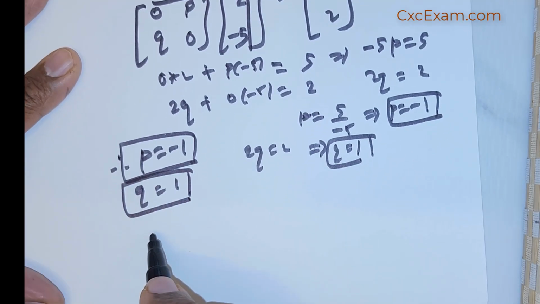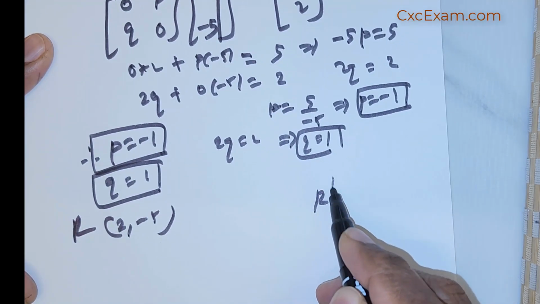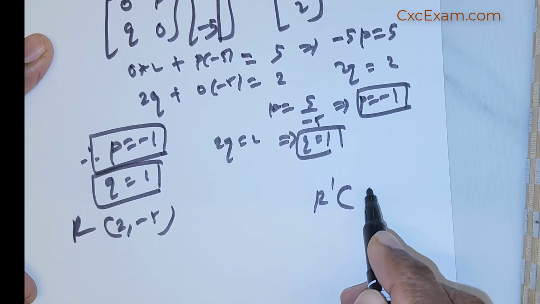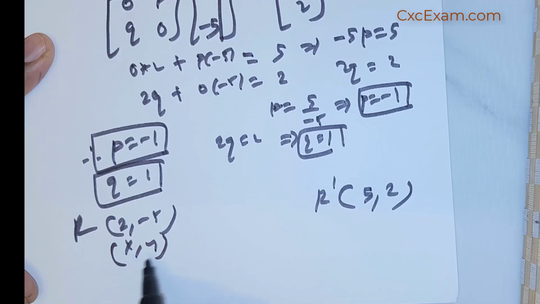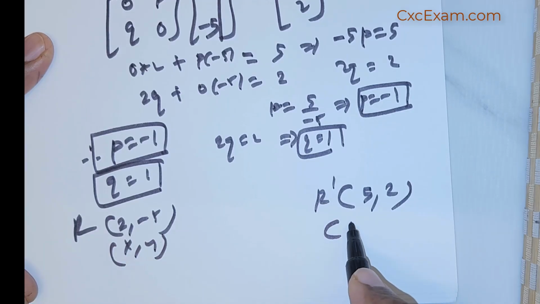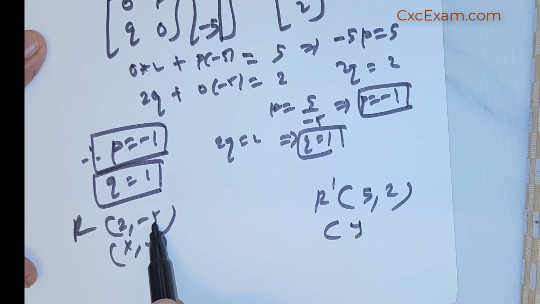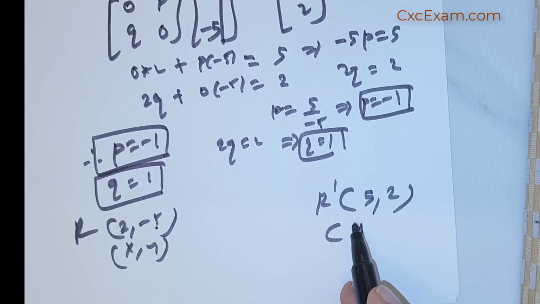Now observe the point 2 comma negative 5, this is R, is actually transformed to 5 comma 2. So what is this? This is my x and y is now converted to, this is going to be the y, which is negative 5, is actually becoming positive.